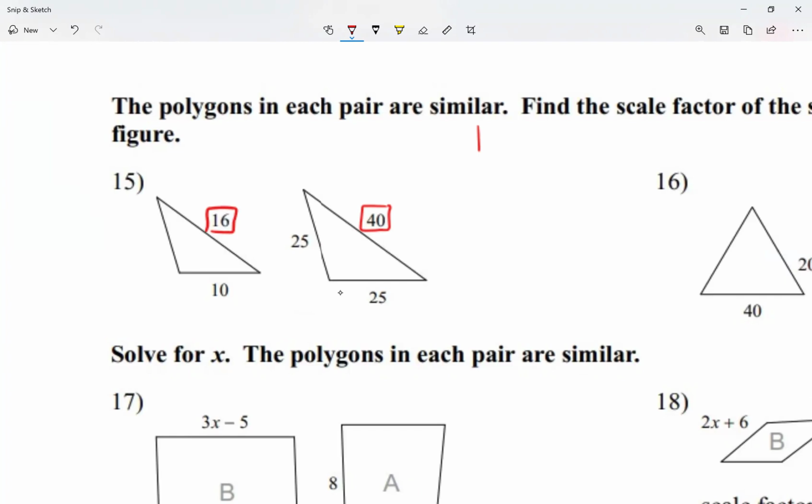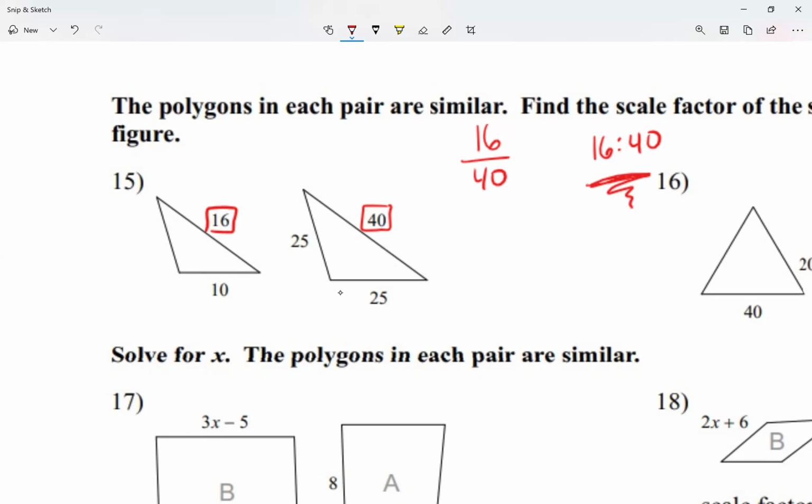I can write this as 16 over 40. Remember how we saw it as a fraction? Or I can write this as 16 colon 40, no spaces altogether. Now we're going to use this case. We're not going to write it as a fraction. We're going to write it using the colon.